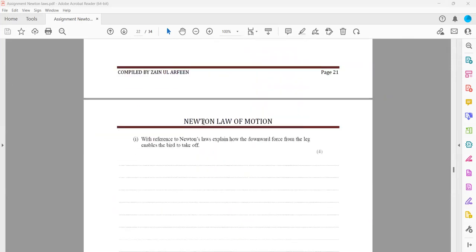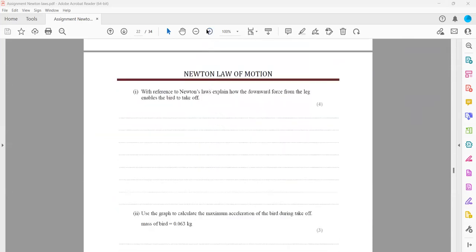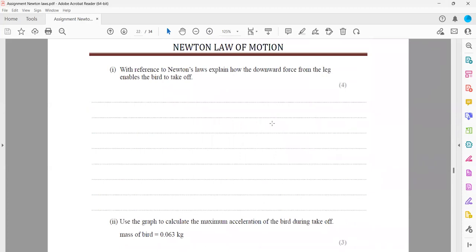So the question is, with reference to Newton's law, explain how the downward force from the leg enables the bird to take off. So how does this downward force allow this bird to get a lift or take off? So first, the idea is that when the bird is pushing the ground downward, there will be an upward force in the opposite direction, an equal force but in the opposite direction.